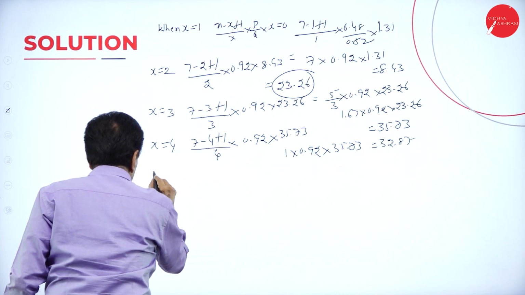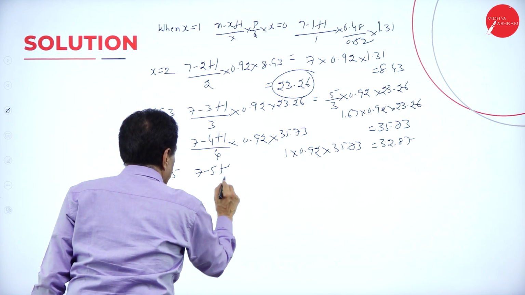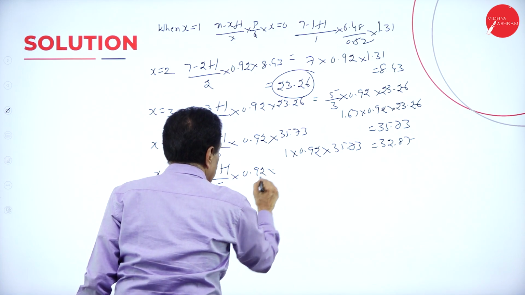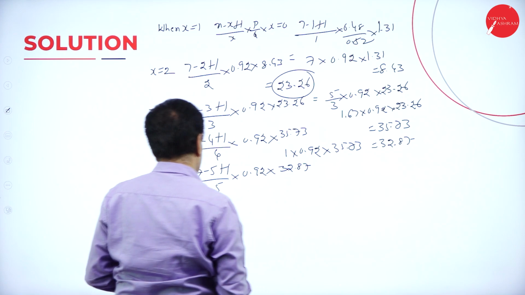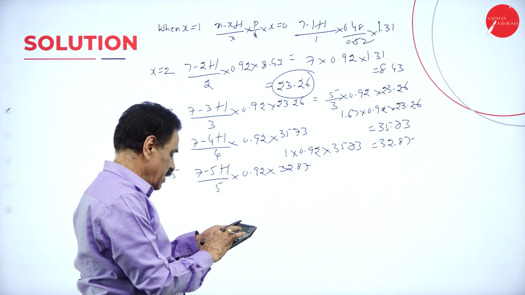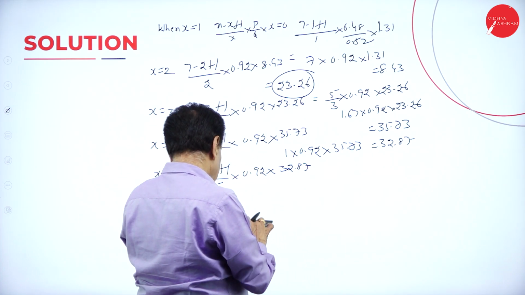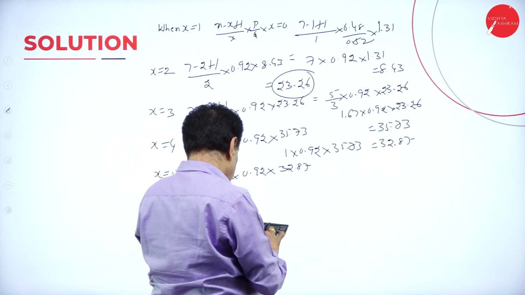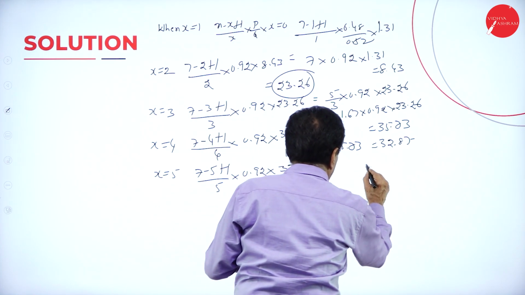When x is equal to 5, 7 minus 5 plus 1, divided by 5, into 0.92 into 32.87. 7 minus 5 is 2, plus 1 is 3, 3 divided by 5 is 0.6. So 0.6 into 0.92 into 32.87 is 18.14.